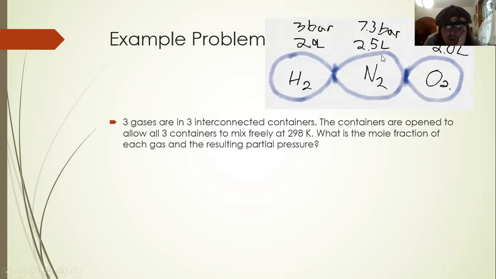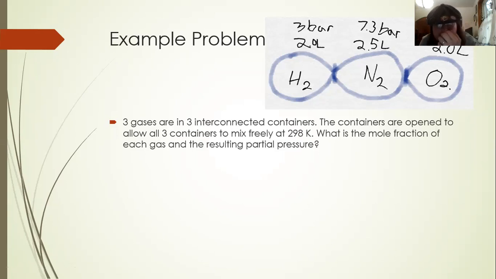One container, 7.3 bars at 2.5 liters. One container, 5 bars, 2 liters. All three gases are allowed to mix freely. What is the mole fraction of each gas within that resulting pressure, and the resulting partial pressure?